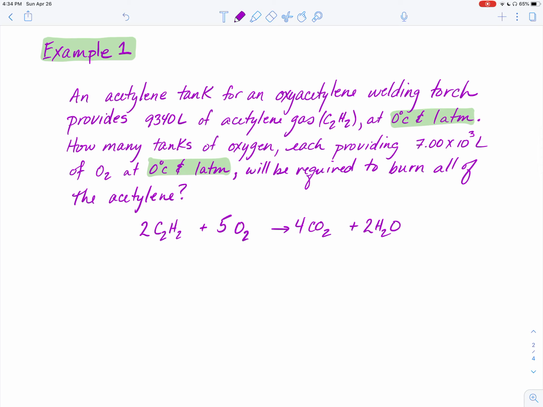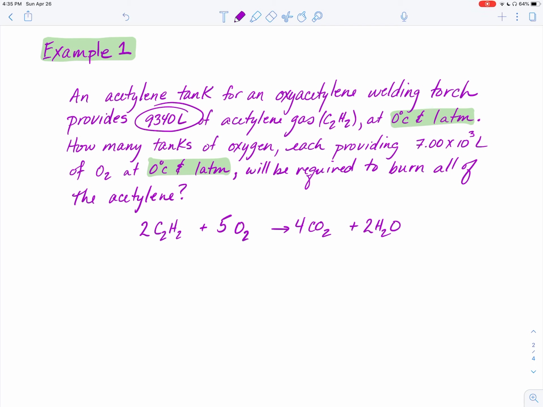It says an acetylene tank of an oxyacetylene welding torch provides 9,340 liters of acetylene gas, C2H2, at 0 degrees C and 1 atm. How many tanks of oxygen, each having 7.00 times 10 to the third liters of oxygen at that same temperature and pressure, will be required to burn all of the acetylene in this tank of 9,340 liters?